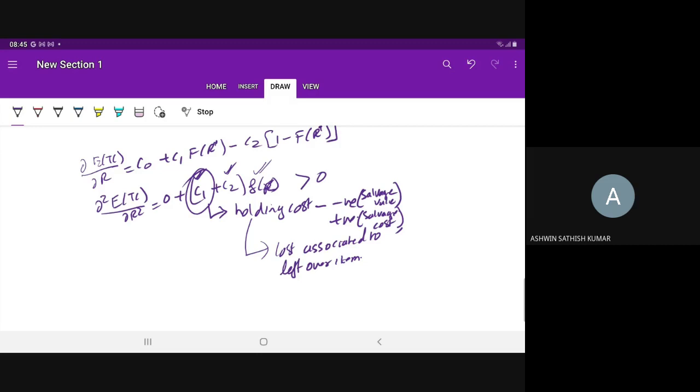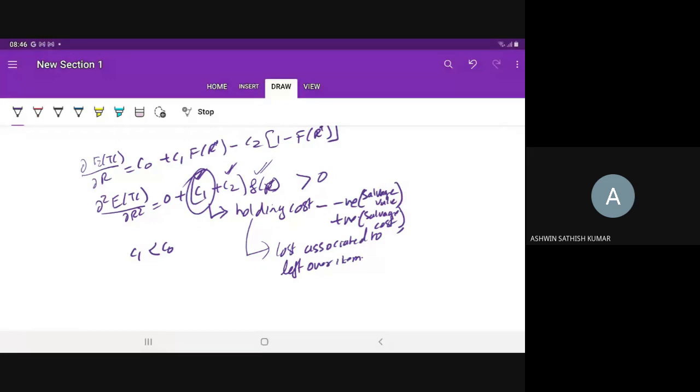When we are investing something for the leftover item, then it is positive. But whatever you are getting is always lesser than C1. C1 is always lesser than C0.